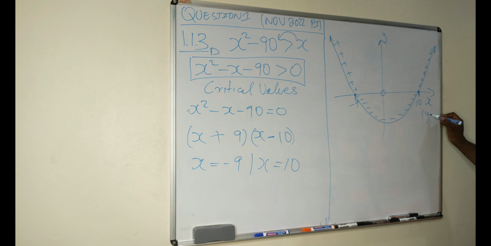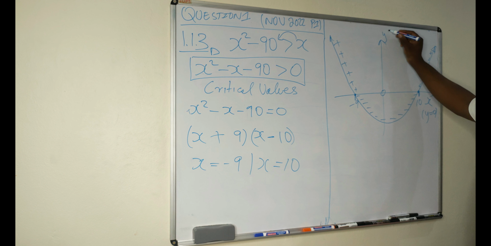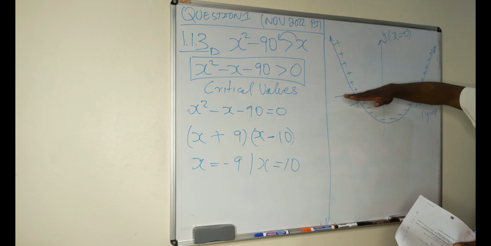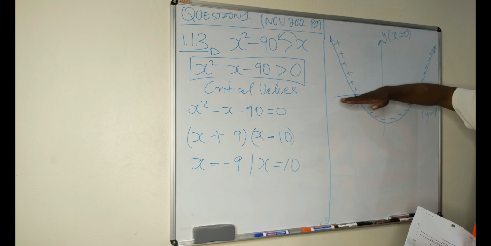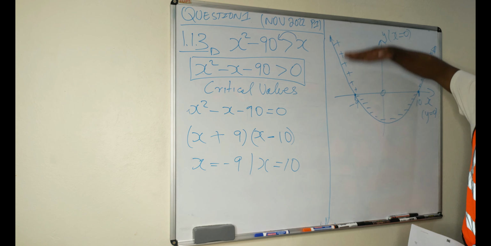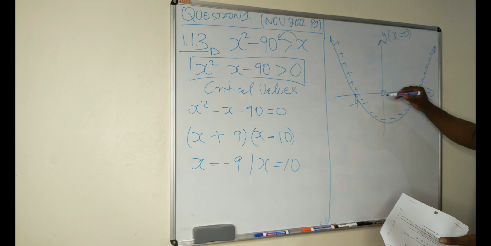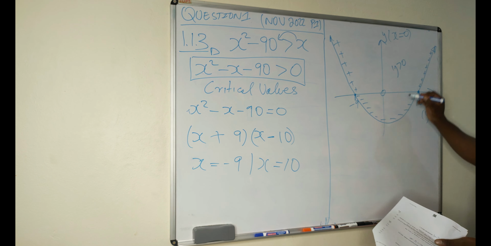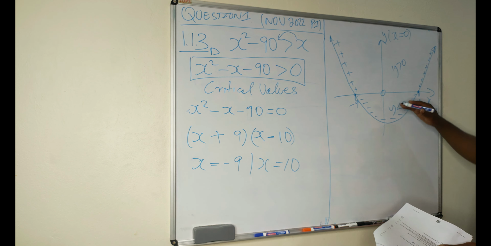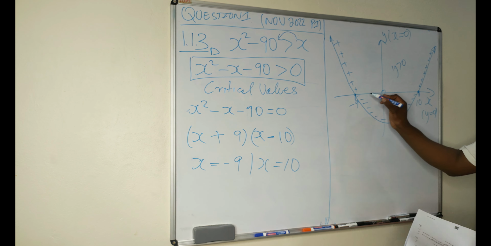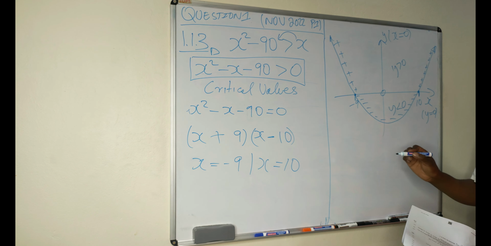The x-axis or line y is equal to 0. This is the y-axis or line x is equal to 0. So here my y is equal to 0. Above here is positive, here is negative, right? So above here y is greater than 0. Here y is less than 0, below. And on this line y is equal to 0.